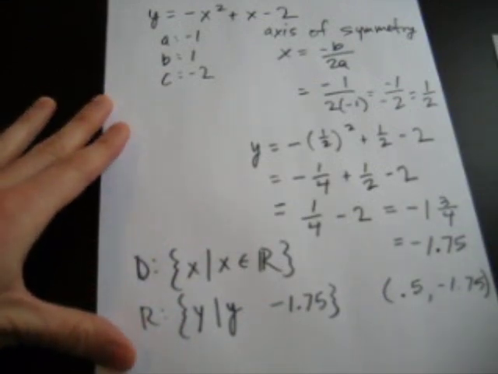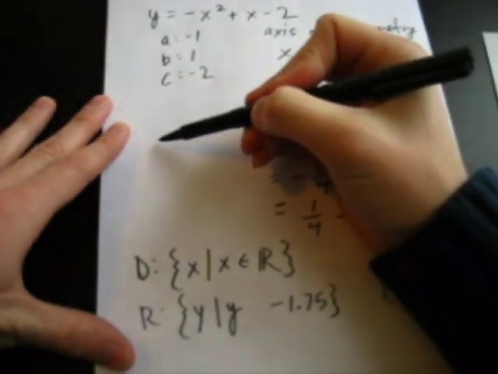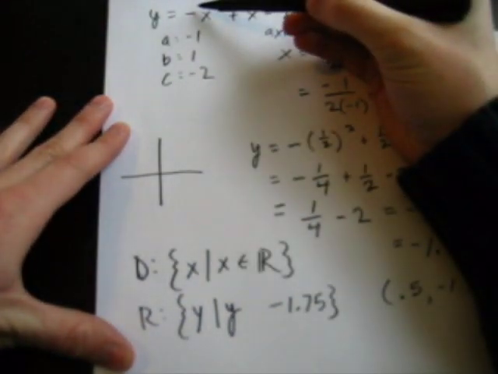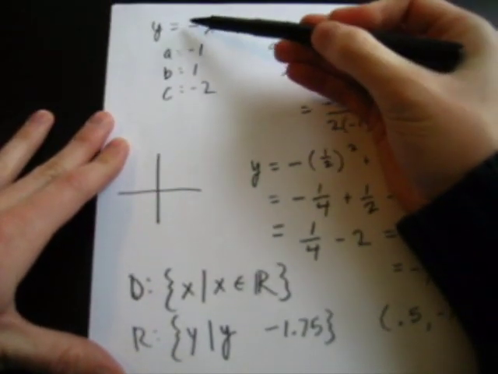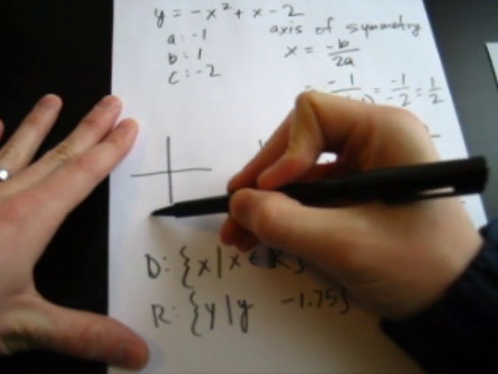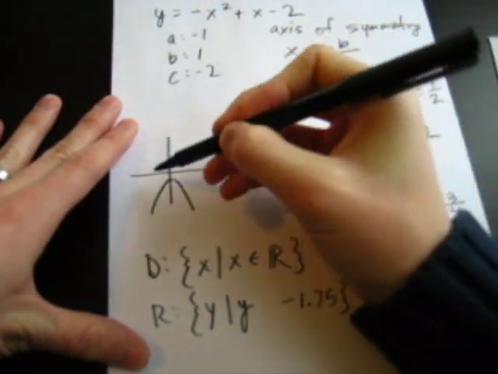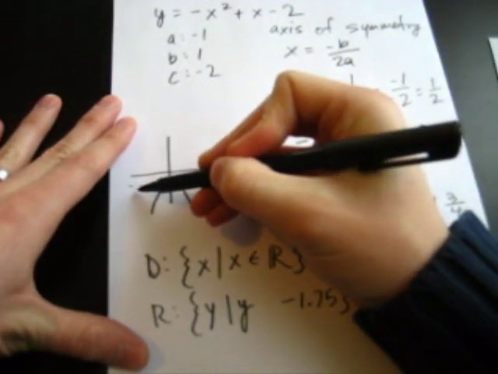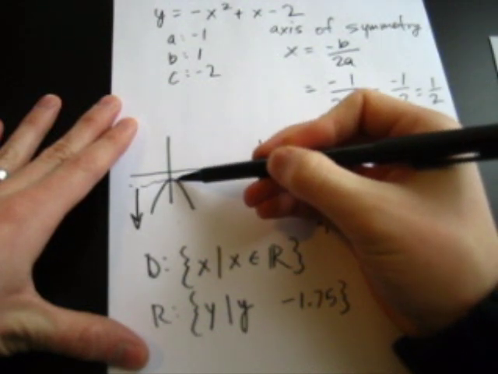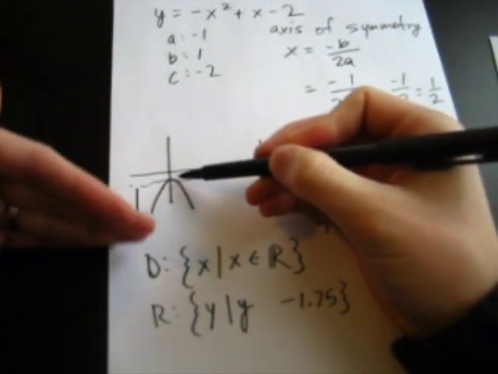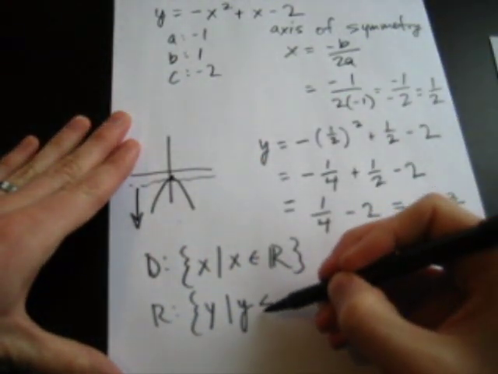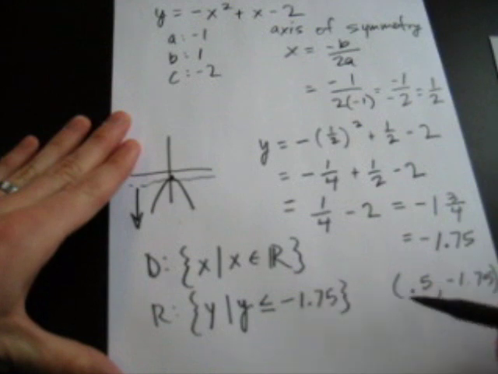So we need to kind of think back to our graph. You could do this in your head, maybe not so much write it out. Because a is negative right here, that means that our parabola would be downward facing. So all the y's in the range are going to be from here down. If we're looking at things that are lower than a point, that means we're doing less than. So the range is going to be y is less than negative 1.75.